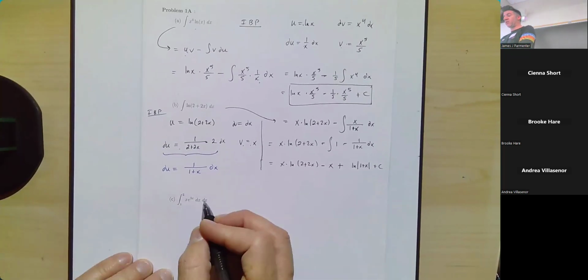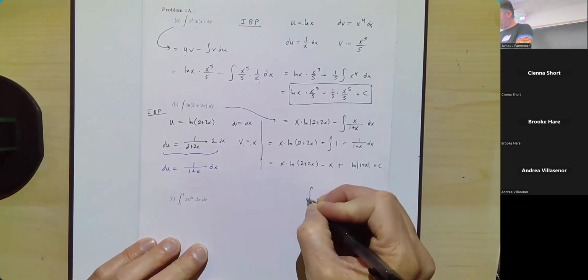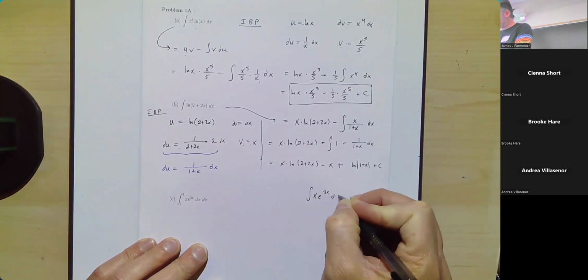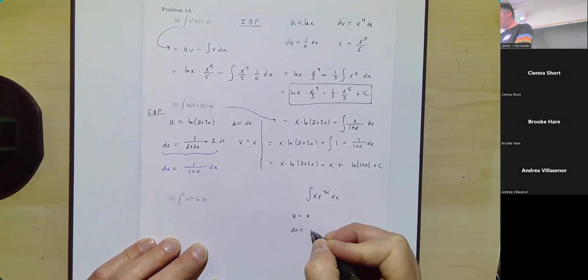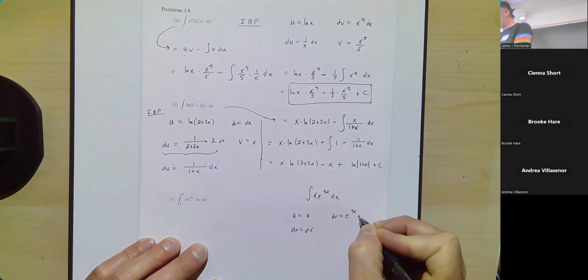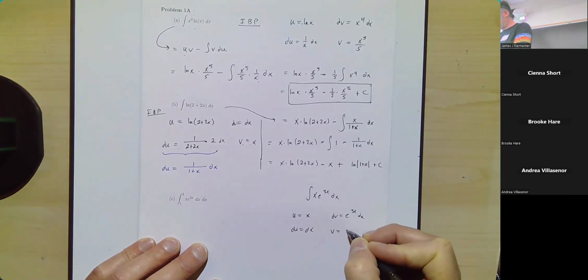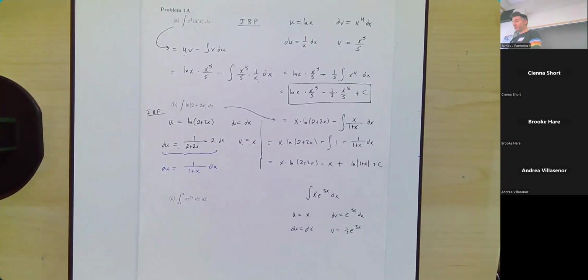I would say let's do the integration by parts without the limits of integration. So for the integral of x e to the 3x, we're going to let u equal x. du is 1 times dx. dv is e to the 3x dx. v is 1/3 e to the 3x, or e to the 3x divided by 3 if you prefer.